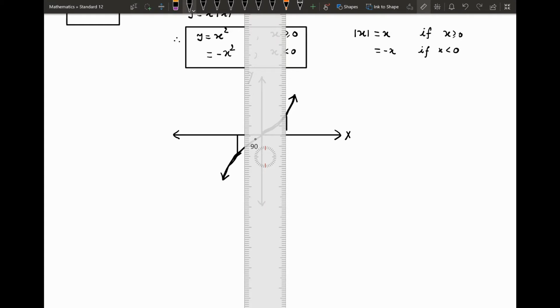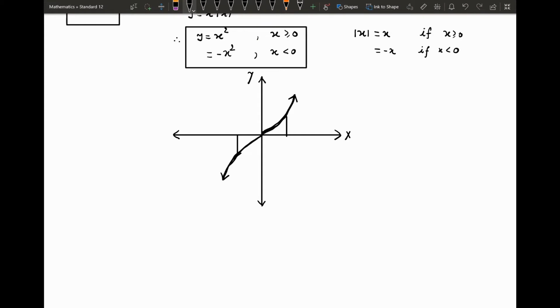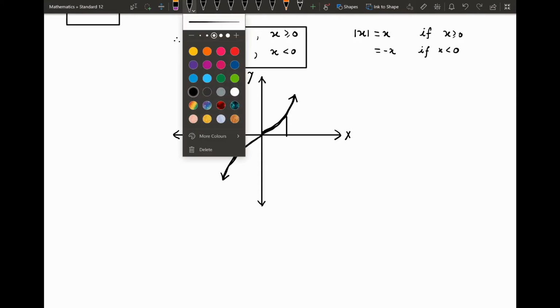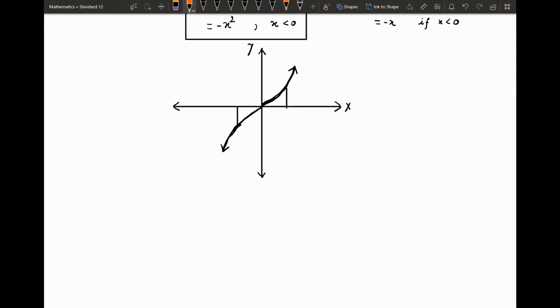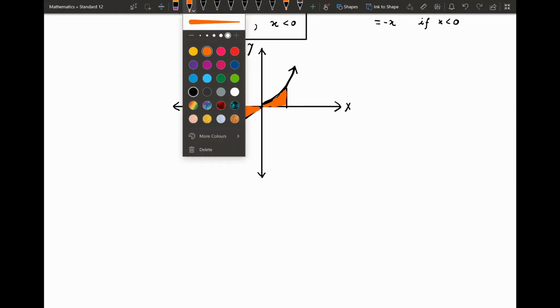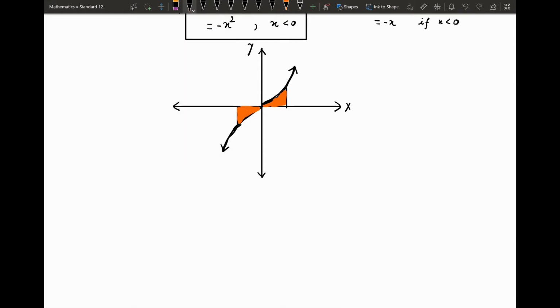Now between -1 to 1, you can observe the required portion, it is symmetric in opposite quadrant. So we have to find the area of this portion.